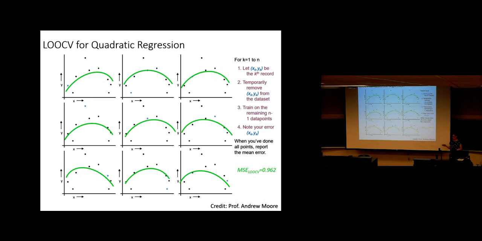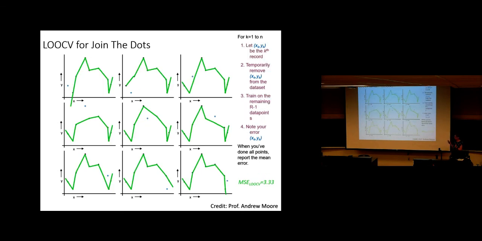If you do a quadratic fit, it's the same procedure, but you fit a quadratic line. This gives you hopefully a lower cross-validation MSE, 0.9. Then you do the same thing on this piecewise linear model, which is much more complicated, and the leave-1-out cross-validation error will be much higher.